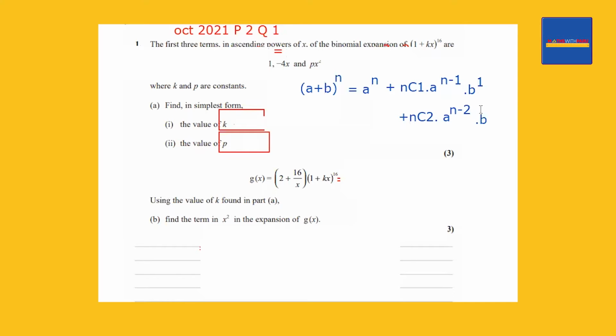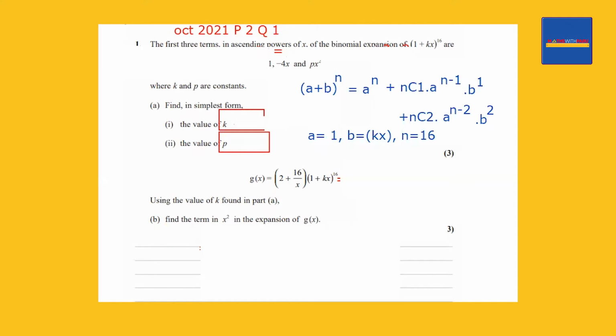So I'm going to use these directly with the information given. We know that a is equal to 1, b is equal to kx, and n is equal to 16. So here we go.